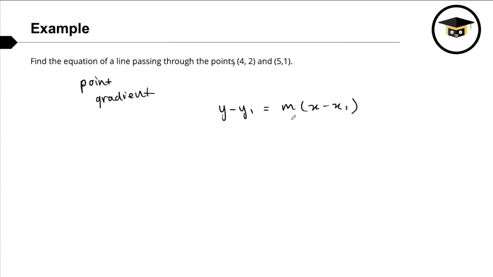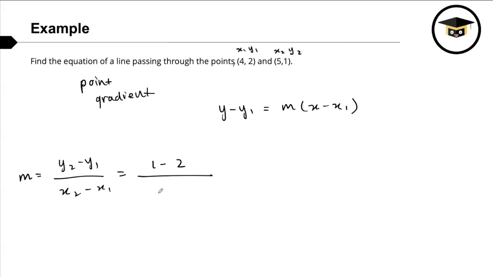So we need to first figure out the gradient. So let's do that. So m is equal to y2 minus y1 over x2 minus x1. I'm just going to label this as x1, y1, x2, y2. So that means it's going to be 1 minus 2 over 5 minus 4. And that's going to be negative 1 on 1, so negative 1.